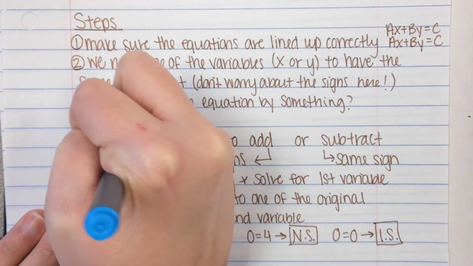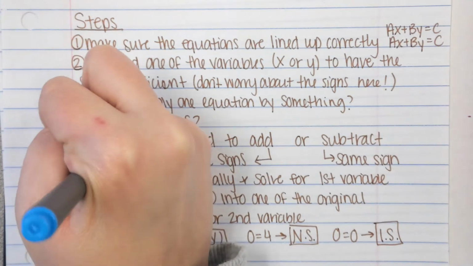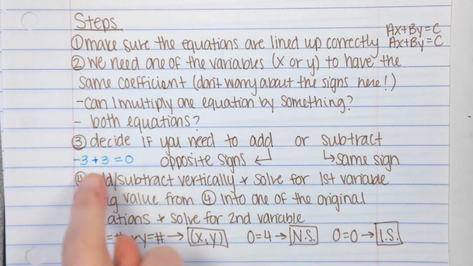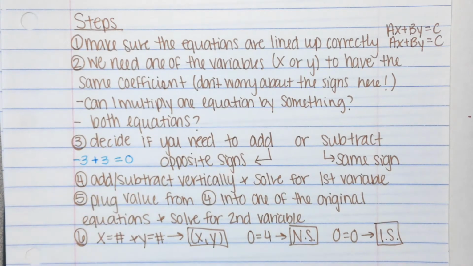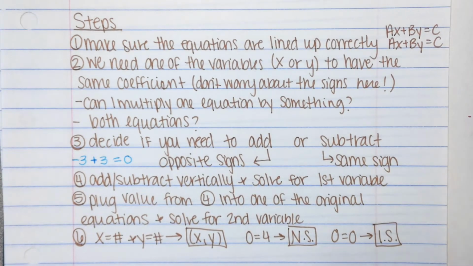So if we have negative 3 and 3, and we need those to equal 0, what operation would we need in the middle to make that statement work out? Right, we would need a plus. Okay, so that tells us that if you have opposite signs, you can add, and that will eliminate the variable that's with those numbers. All right, we subtract if we have the same sign.